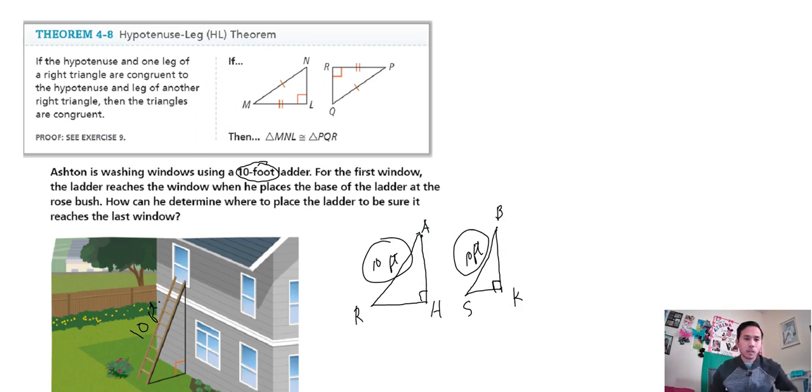That's what hypotenuse leg looks like. You need two sides, and the angle is already given, which is the right angle here, and the other side is your hypotenuse. So you only need one more side to make these two triangles congruent.